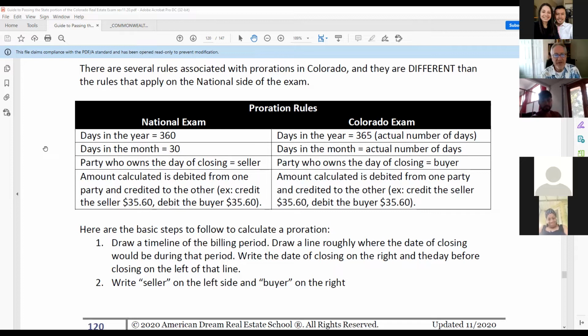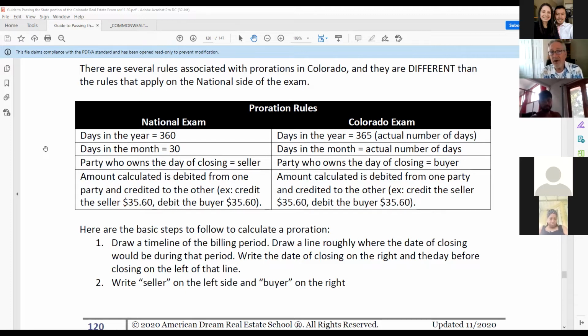Another major difference is the closing day. Closing day on the national is the seller's day. Seller still owns the property on closing day. So when you prorate, you have to be careful, and I'll show you some examples where this could occur. Be careful who owns a property on closing day.